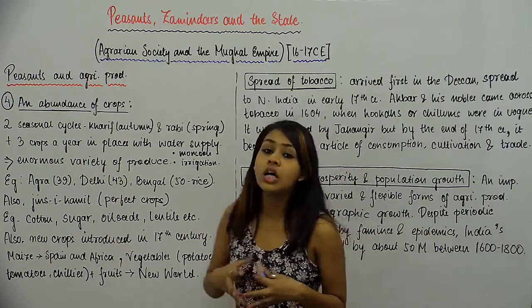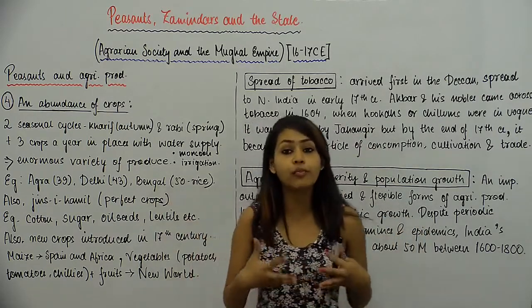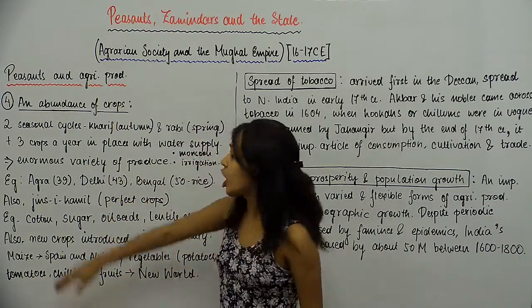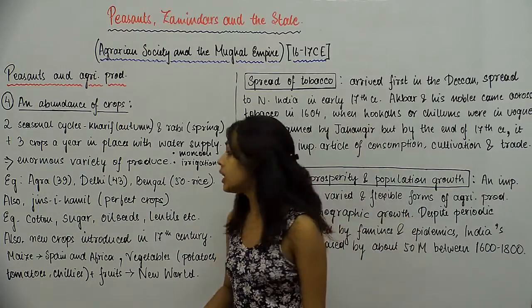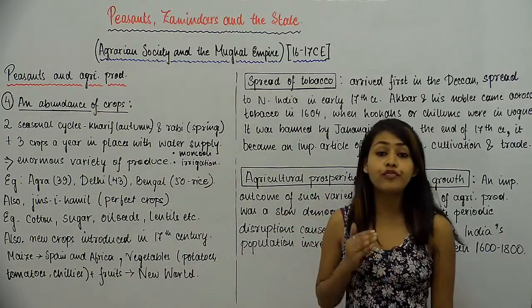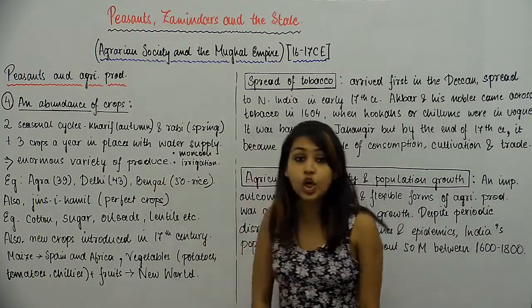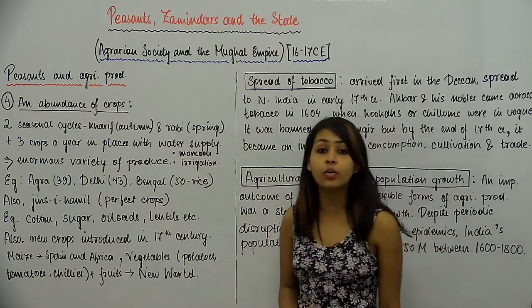But for a certain time span, Agra used to be the capital of Mughal India, right? So in Agra there were 39 varieties of crops that were being grown per year. In Delhi there were 43 varieties of crops that were being grown per year, and in Bengal there were like 50 varieties of rice alone that were being grown.